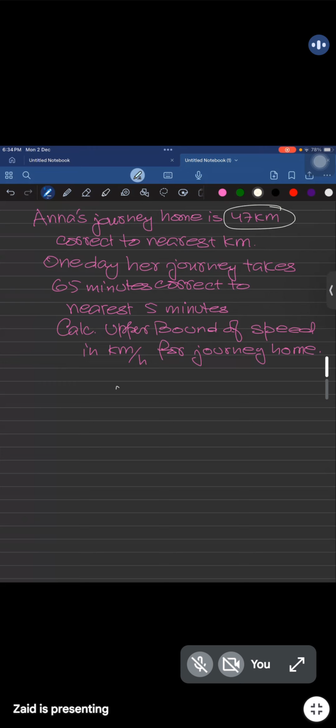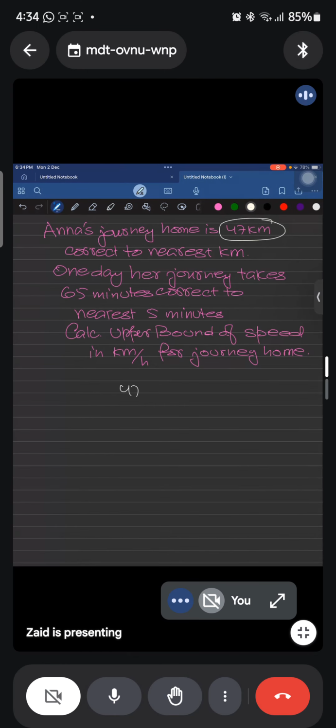Distance is in kilometers, perfect. 47 kilometers, nearest kilometer means nearest 1 kilometer. You divide it by 2, you're going to get 0.5. So for the distance, the upper bound would be 6.5. Is that clear?